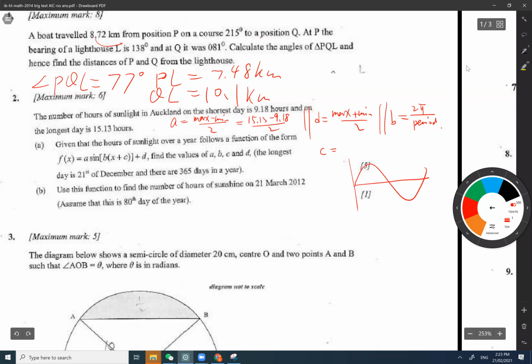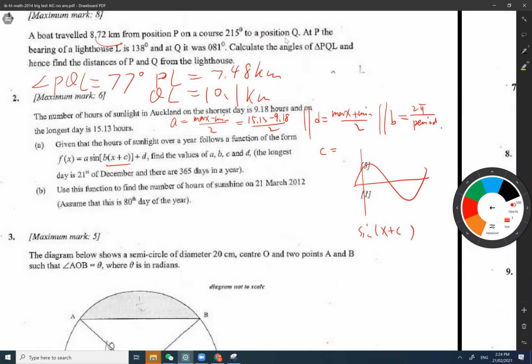For sine x plus c in the question, that means the curve moved to the left by c.